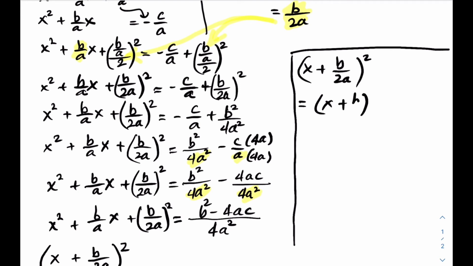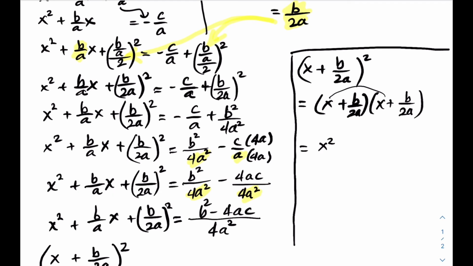We're going to expand the square, and we're going to use the FOIL method.